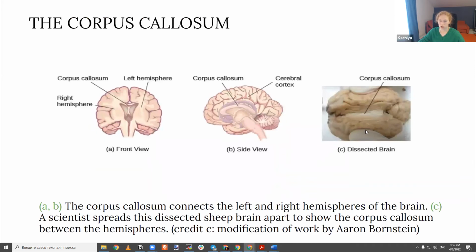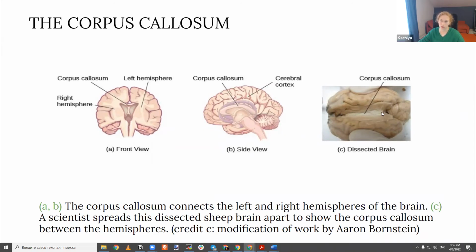The corpus callosum is a white, thick nerve tract consisting of a flat bundle of commissural fibers, and it's the largest white matter structure in the brain, about 10 centimeters in length and consisting of 200 to 300 million axonal projections.